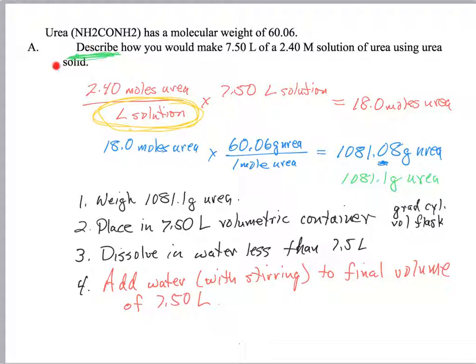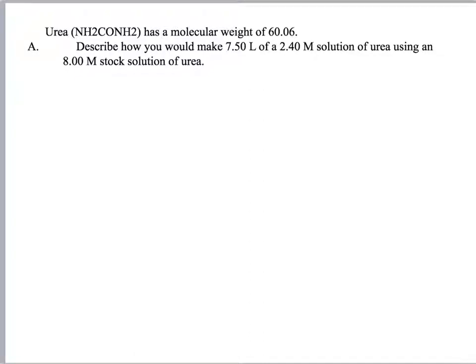So that's how you make a solution of defined molar concentration, starting with solid solute. Your solute is coming from a solid. Now, what if we're asked to make the same solution, but instead of having a source of solid urea, our source of urea is a pre-made solution of urea with a concentration greater than the concentration of the solution we're trying to make.